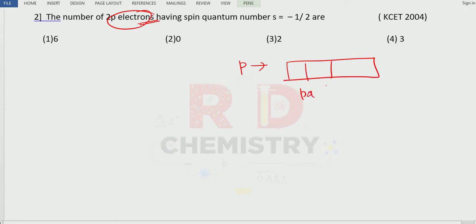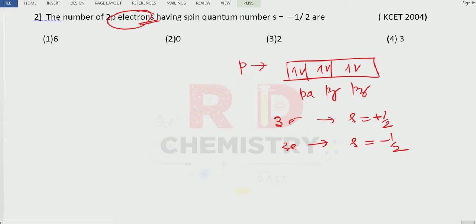If there are altogether 6 electrons, each orbital occupies 2 electrons: 1, 2, 3, 4, 5, 6. 3 orbitals can have maximum 6 electrons. 3 electrons will have s equal to plus half, clockwise, and the remaining 3 electrons will have s equal to minus half, correct? So maximum 3 plus half, maximum 3 minus half. So the answer is option number D, correct?